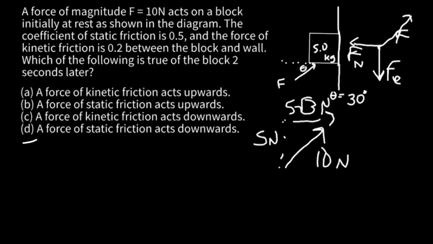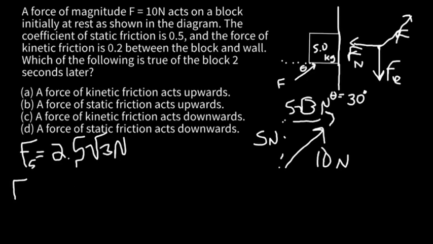Alright, so the force of static friction is going to be mu times the normal force. So that's going to be 0.5 times the normal force on this block, which is 5 square roots of 3. So that's going to be 2.5 square roots of 3 newtons.